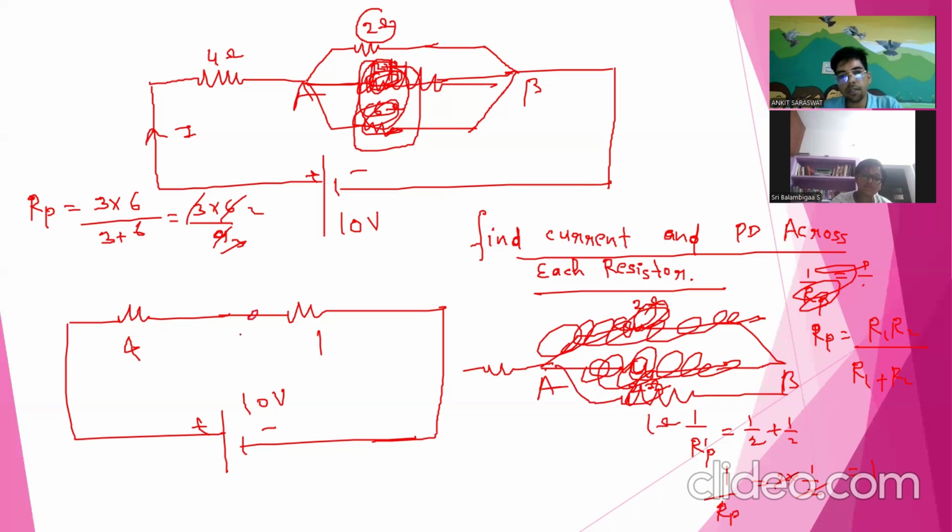Like this I have connected. Clear? Yes, sir. Individual resistances: after calculating the equivalent resistance, remove these and apply the equivalent resistance. Is it clear? Yes, sir. But make sure the 1 ohm which I have written here is the equivalent of 2, 3, 6. Step by step we are arriving. Clear?